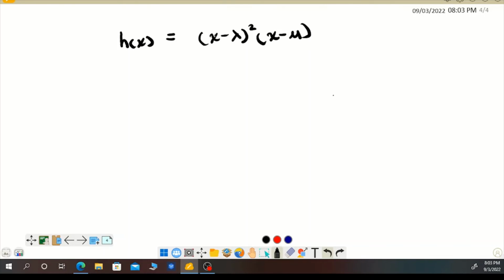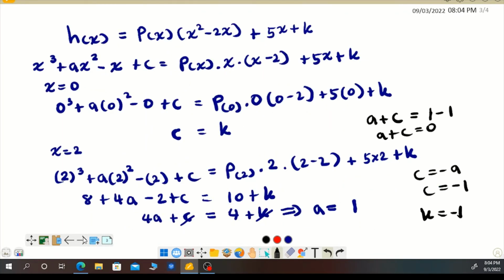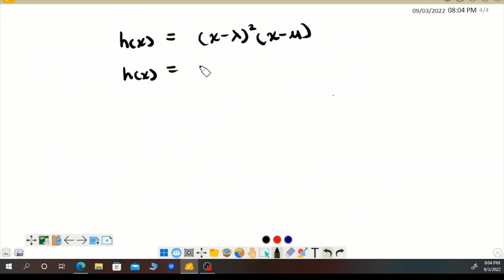So here I am going to use our factor theorem from the beginning of the problem. There I wrote that hx equals x squared minus 1 into gx. So I am going to write it as gx into x squared minus 1.